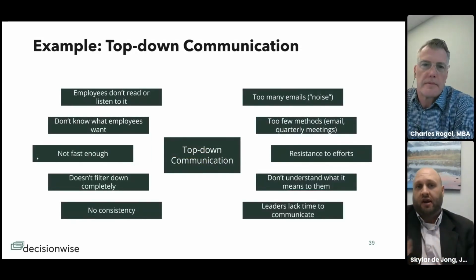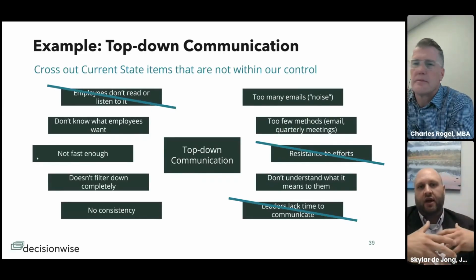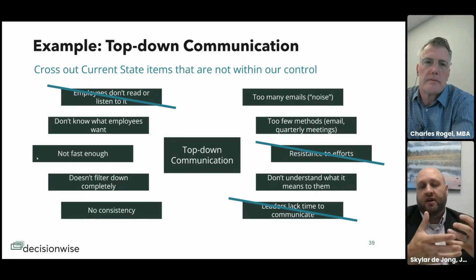Some of these are, again, this is an example of how we might identify this on top-down communication. We'd say, make a list of, hey, what are the biggest things that we'll look at as far as what we want in that future state. And then when we get back to that action planning, you're going to start to see some of these aren't realistic or we can't handle them. And we'll start to cross out current state items that aren't within the control.